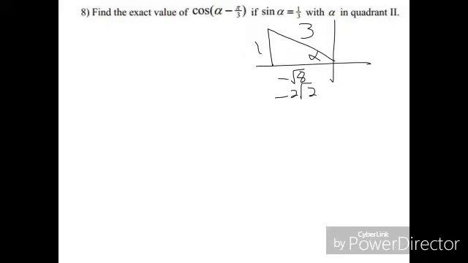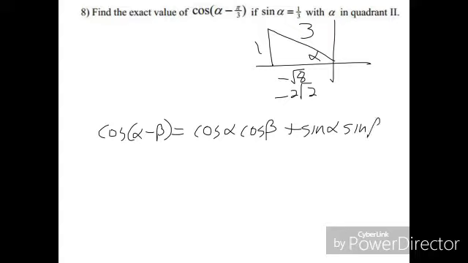Okay, so cosine of alpha minus beta is cosine alpha cosine beta plus sine alpha sine beta. This is the difference angle identity for cosine. In our case, we'd have cosine of alpha minus pi thirds.